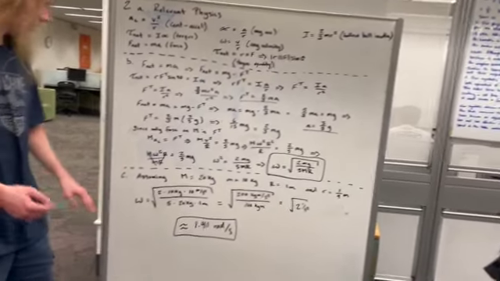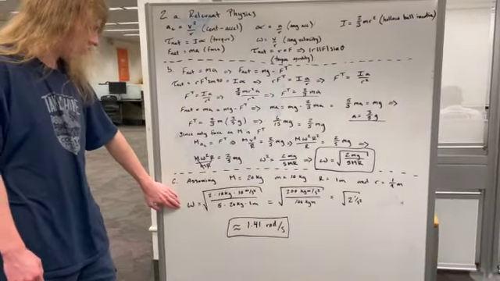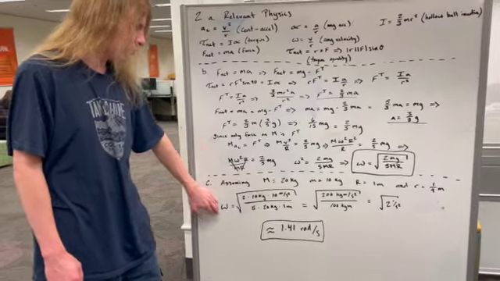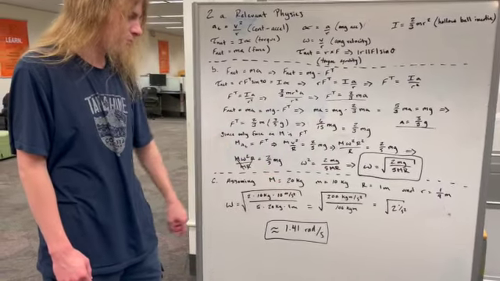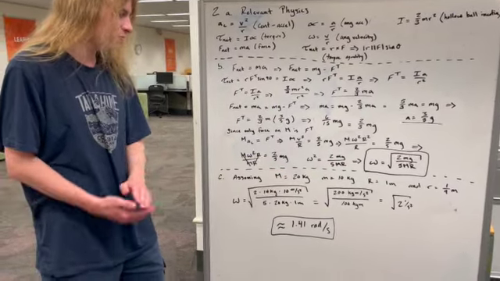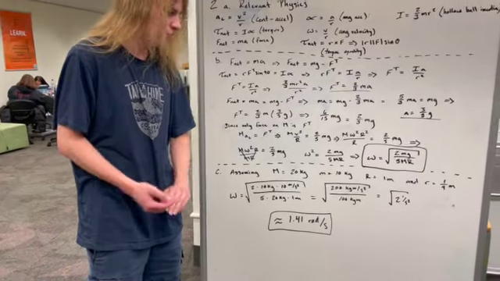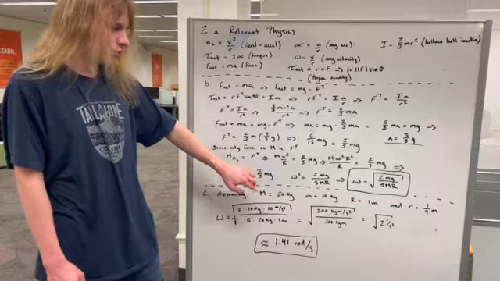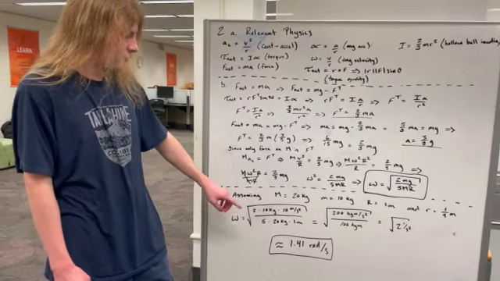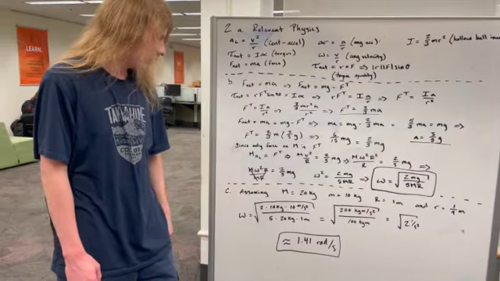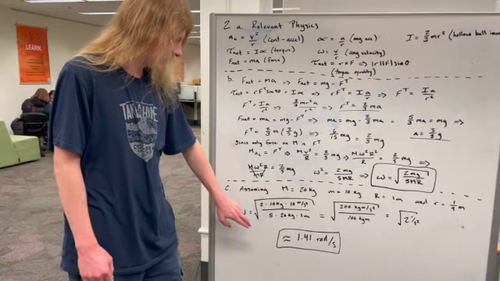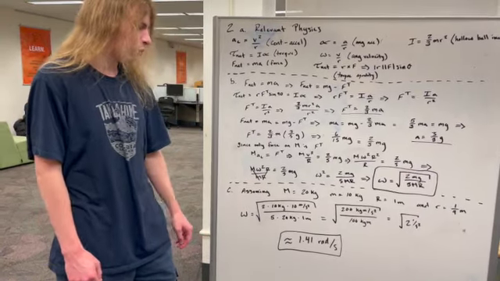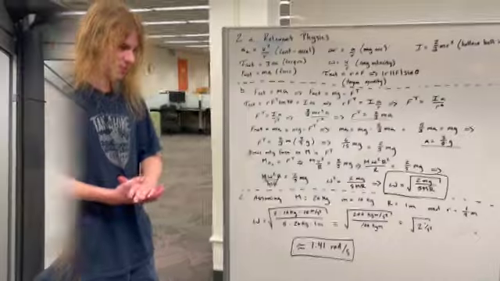We can plug all that into our equation for omega, which will give us 200 kilogram meters per second squared over 100 kilogram meters, which you can simplify to the square root of 2, which comes out to about 1.41 radians per second.